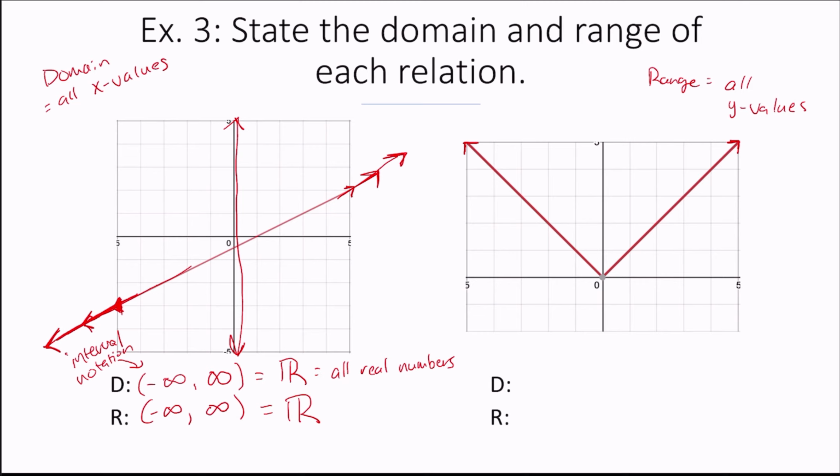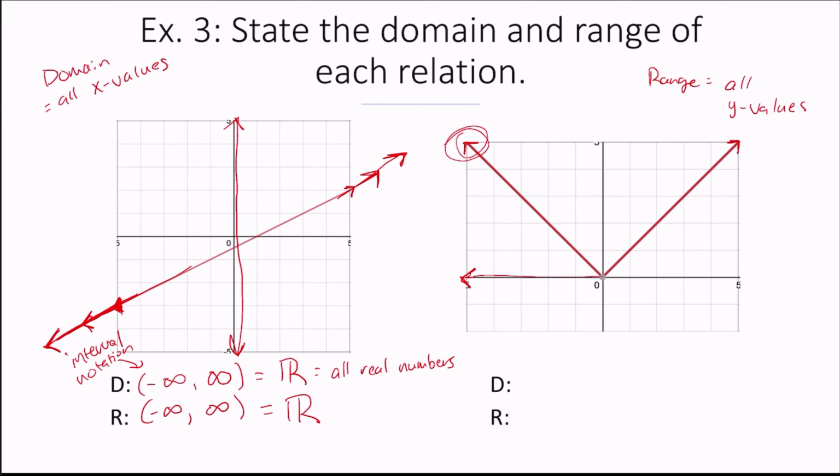For the second graph, our domain, again going from left to right, as we go in the negative direction on the x-axis, our graph appears to go to negative infinity. It's going to keep going to the left forever and ever.